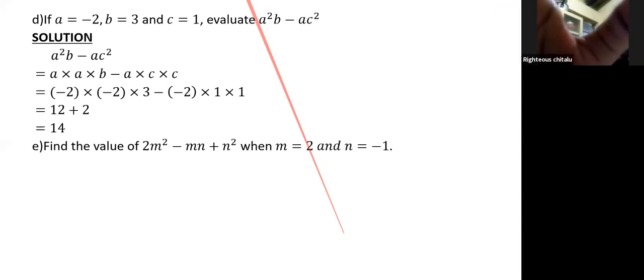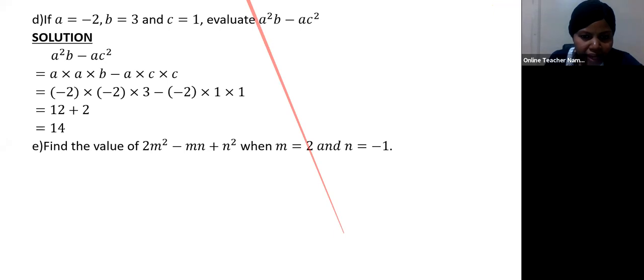Part E is saying, find the value of 2m squared minus mn plus n squared when m equals 2 and n equals -1.